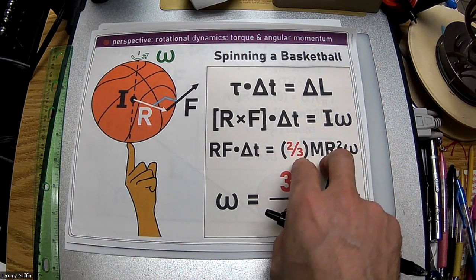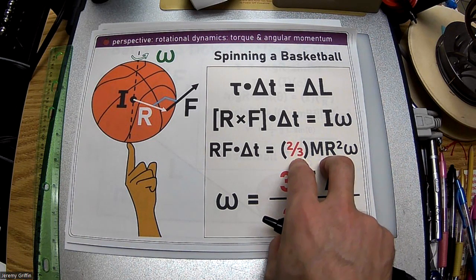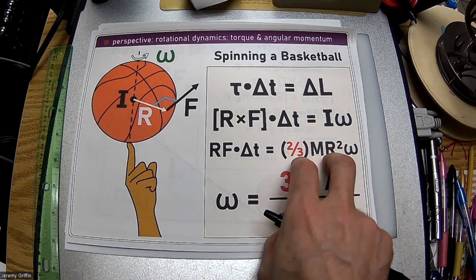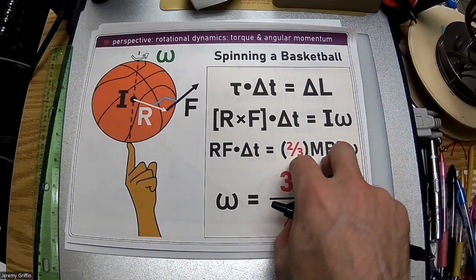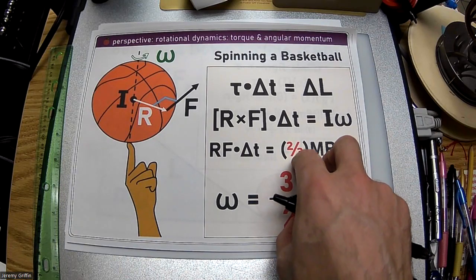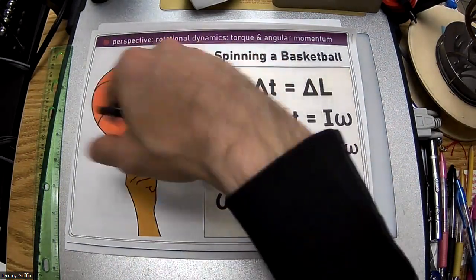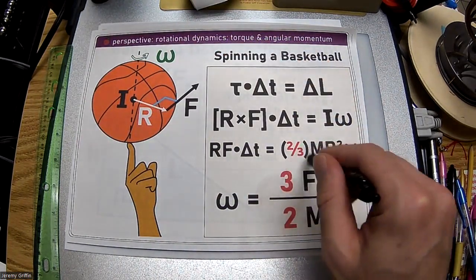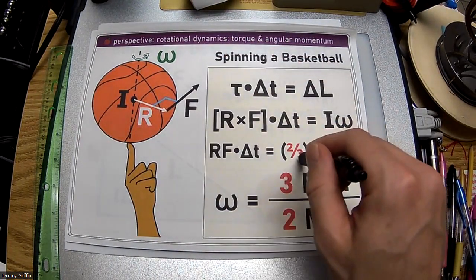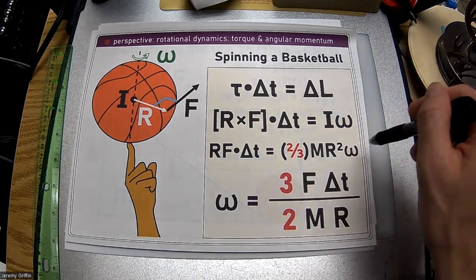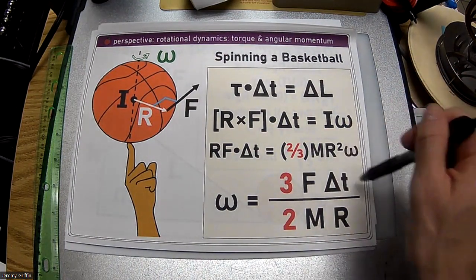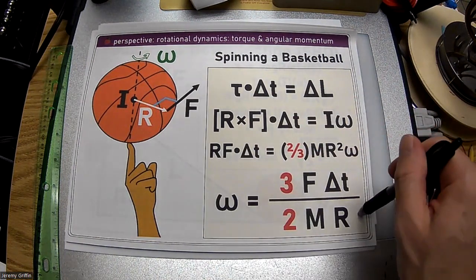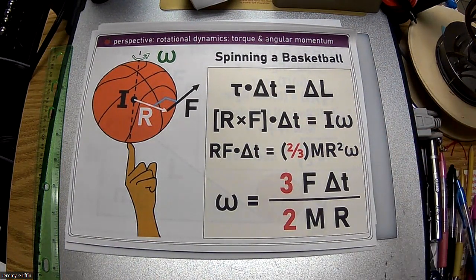If AP had you solve this, which I guess could be a fair question, they would have to give you, let's say for a basketball, 2/3 mr squared. They would tell you that. This is rotating about its central axis as drawn in the picture, not rolling on the floor. Rolling on the floor is like 5/3, but about its central axis it's 2/3. Now you have enough information to solve for omega. All these posters are solved in terms of variables, but they might give you numerical values. Maybe you have some numbers you can plug in.